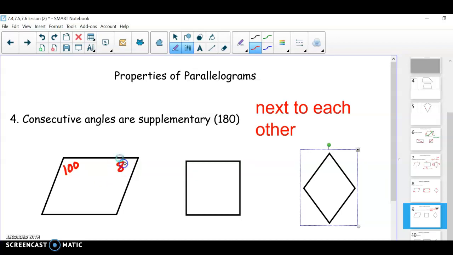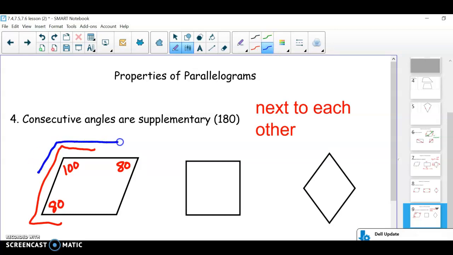So this one right here would have to be 80, so that those would add up to 180. Or this one would also be next to the 100, so those two would also have to add up to 180. And again, the reason kind of stems back to property number 1, which is opposite sides in a parallelogram are parallel, because then we can make our C angles, right? So there's a C that way, and then we would also have our C going this way.